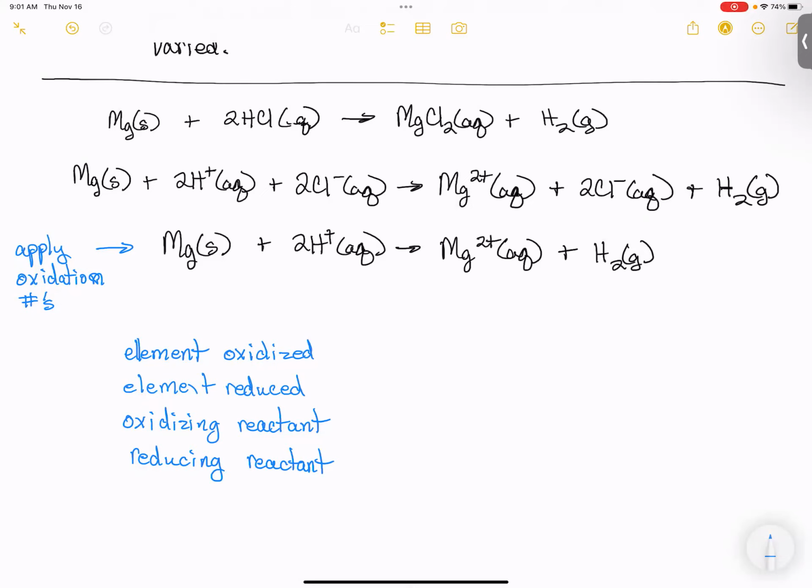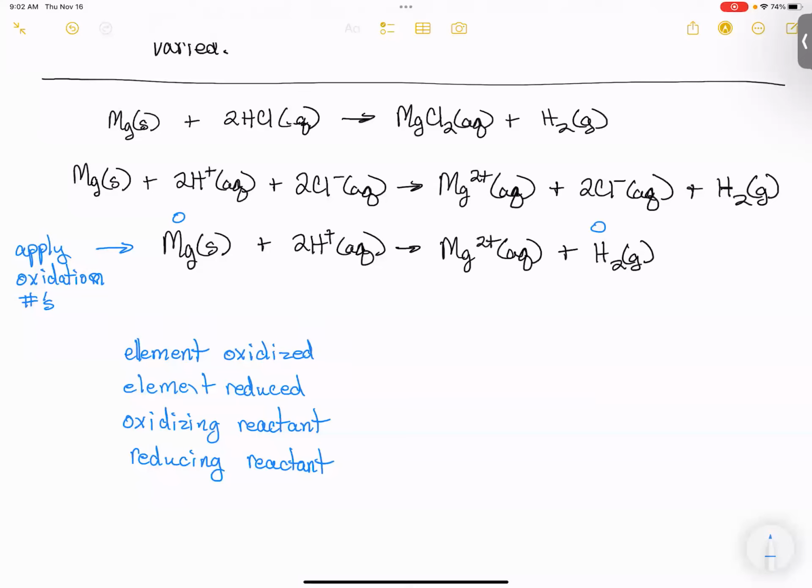Okay, rule number 1 says an element in its standard state has an oxidation number of 0. That means the magnesium has an oxidation number of 0, because it's a compound that consists of only one type of element and it's neutral.